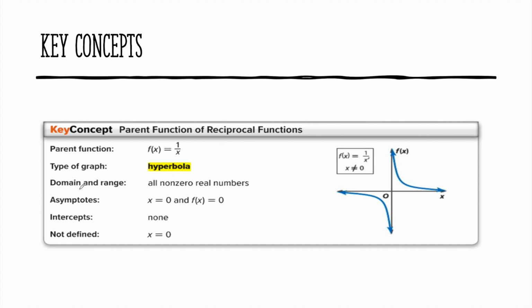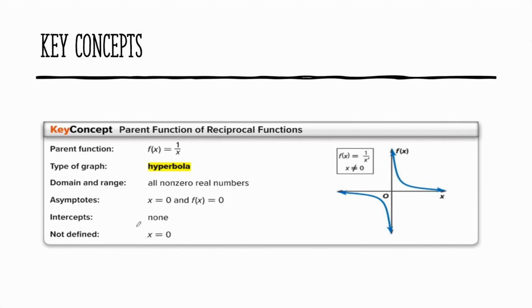The domain and the range is all non-zero real numbers, meaning that the domain is restricted at our zeros. The asymptote is x is equal to 0 and f of x is equal to 0. I will explain more about the asymptote. The intercept, our graph does not intersect, so we don't have an x-intercept or y-intercept.